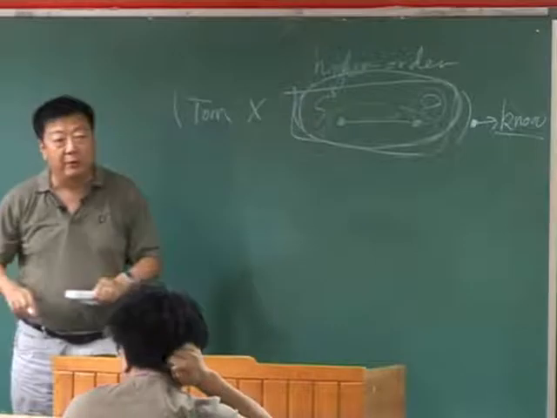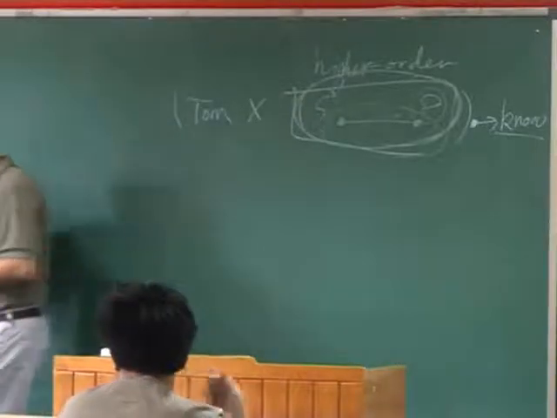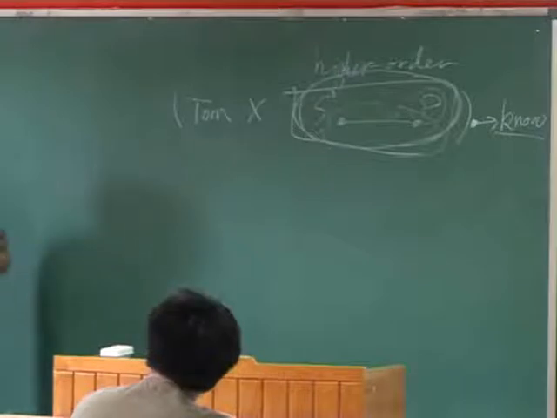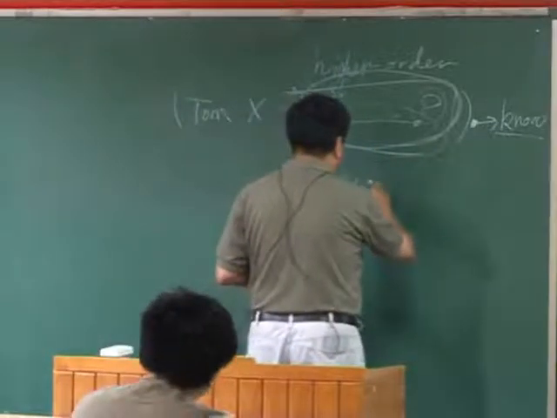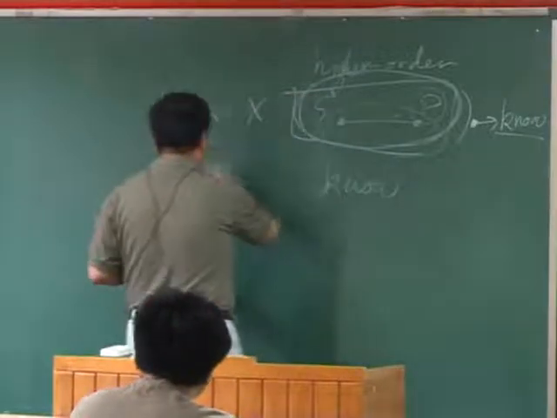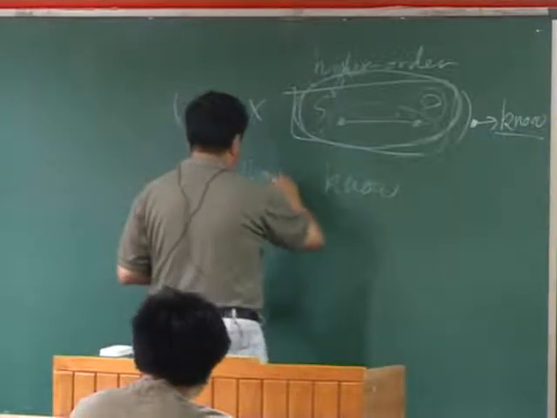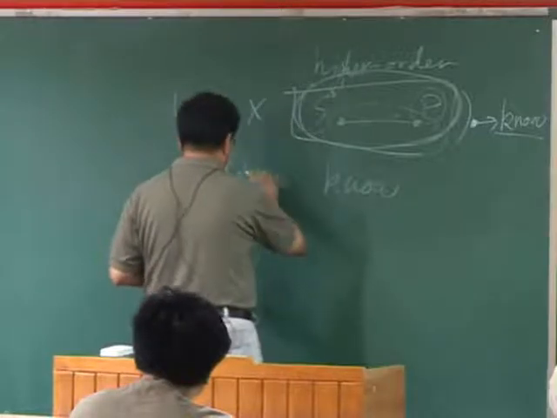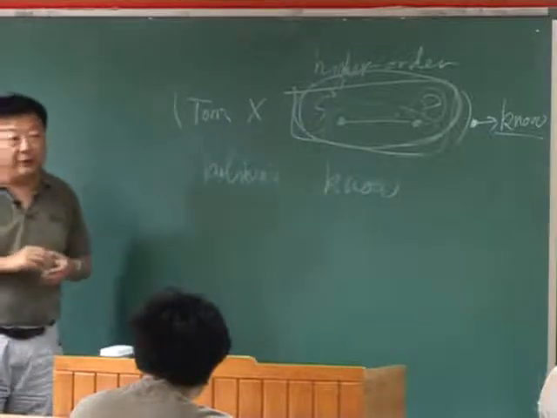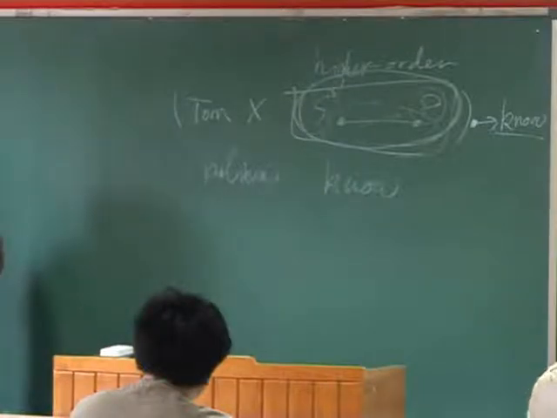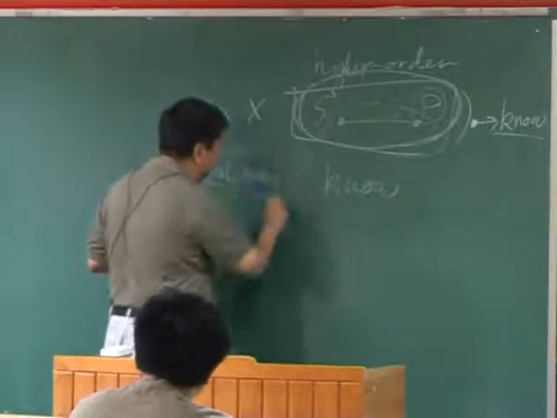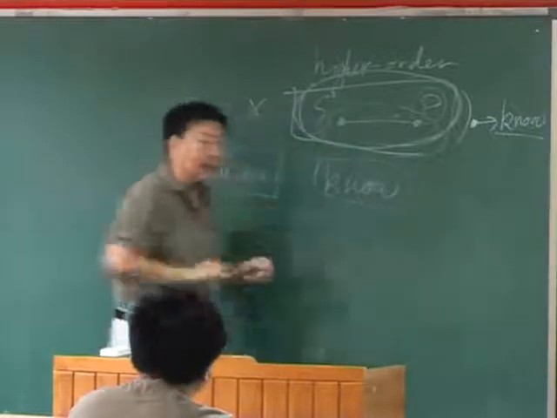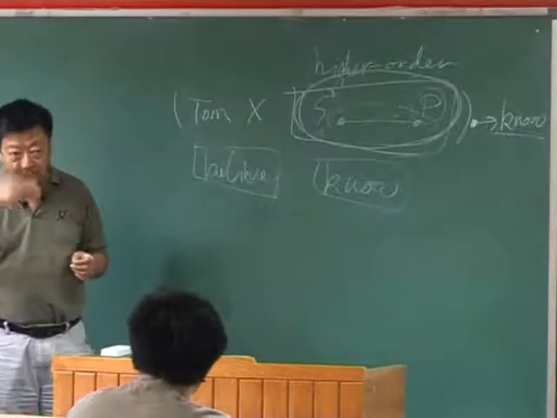For those of you who are familiar with AI literature, you know this kind of thing, especially know and believe, has been studied by logicians and AI before, but their treatment is very different from mine, where they usually define this or something else as a constant in the logic.